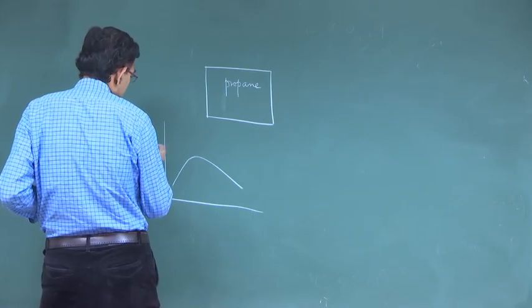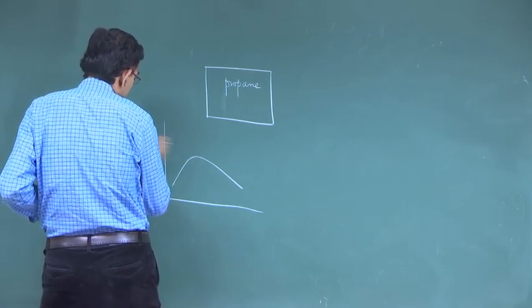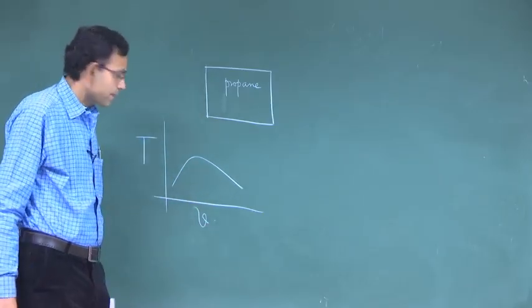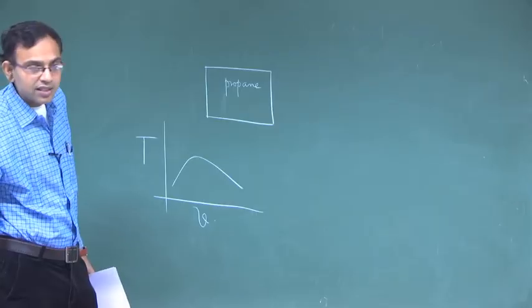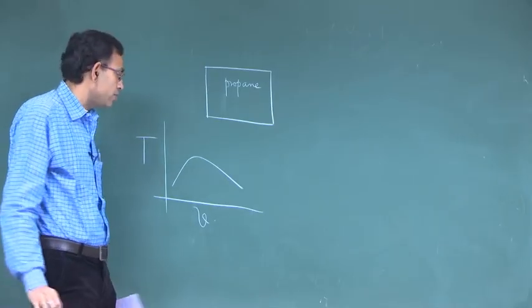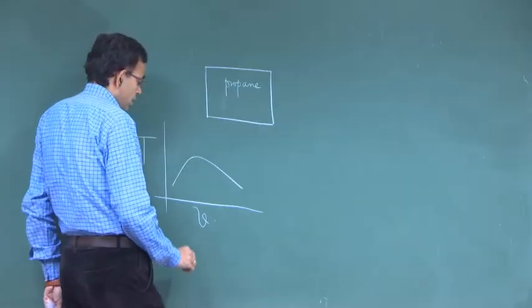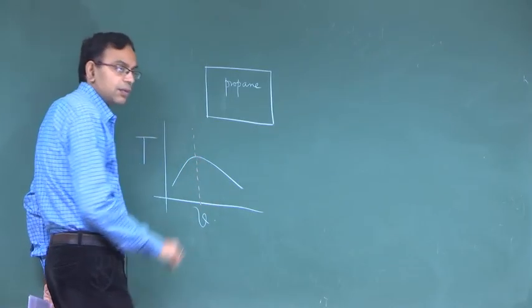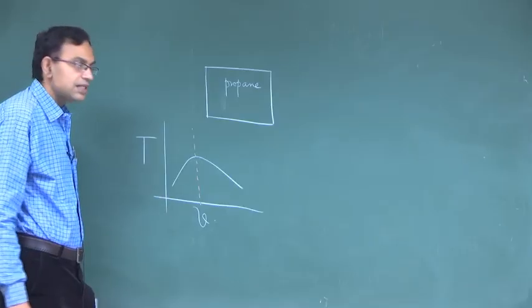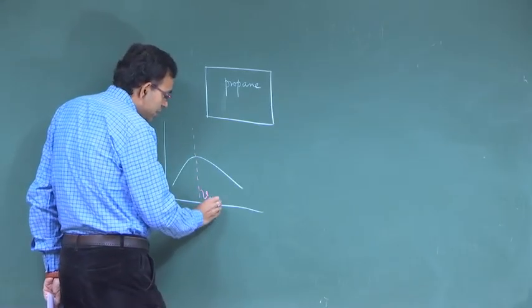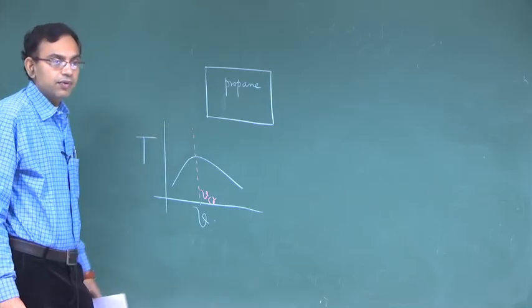So, I will illustrate the principle of solving this problem before getting into the actual problem. There is a very critical data point in the property consideration, that is the critical point. So, this specific volume is the critical specific volume.